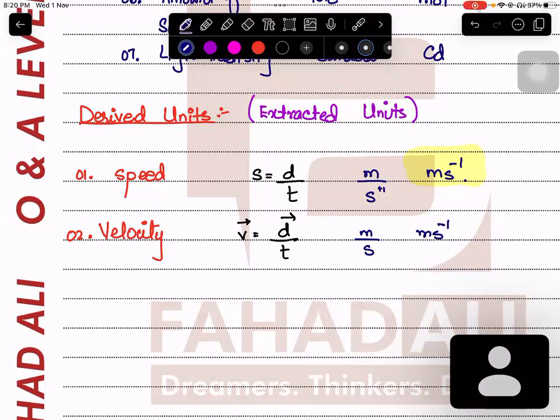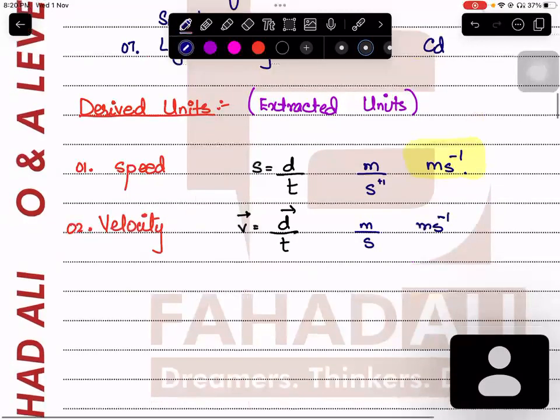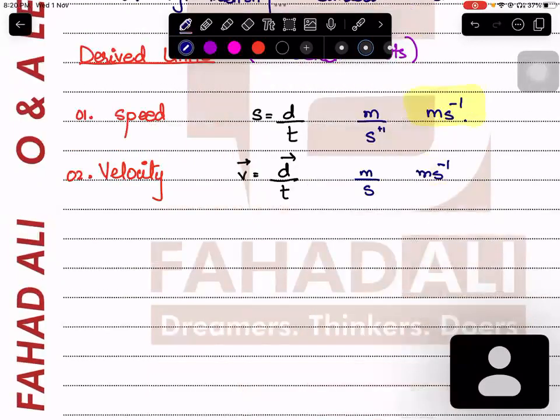Now, the next is acceleration. a is equal to (v minus u) over t. Meter per second minus meter per second over second. Is this clear?